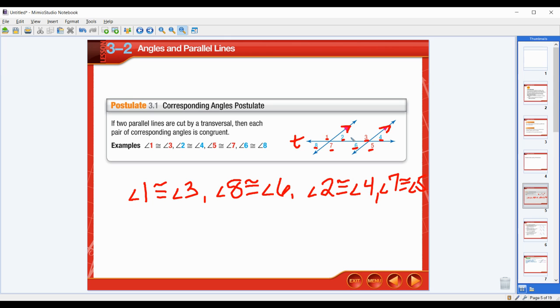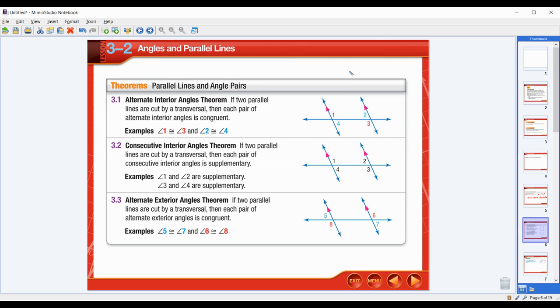Remember, anytime that we have corresponding angles and our lines are parallel, lines have to be parallel. That is the most important part of this. If our lines are parallel, then these angles are congruent. So if our lines are parallel, corresponding angles are congruent.